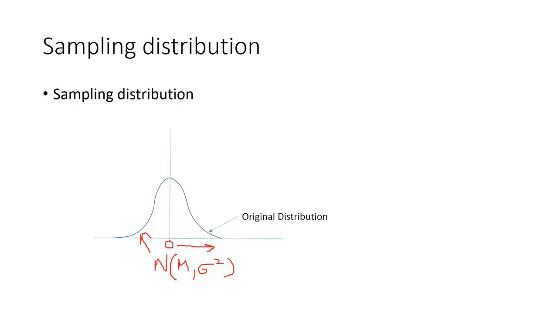Okay, so you have this distribution. Now let's give it a name. So let's say this is the distribution of weights, staying consistent with the previous example of the male members who've registered for introduction to data analytics.